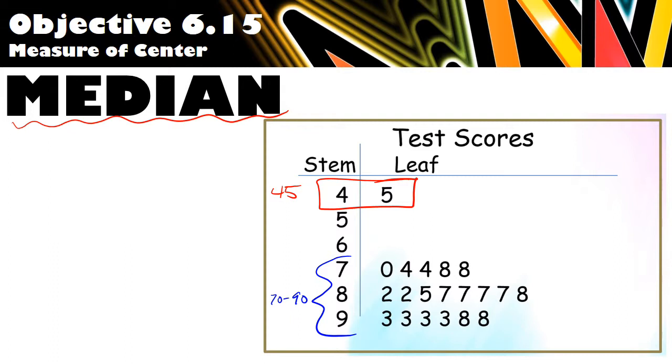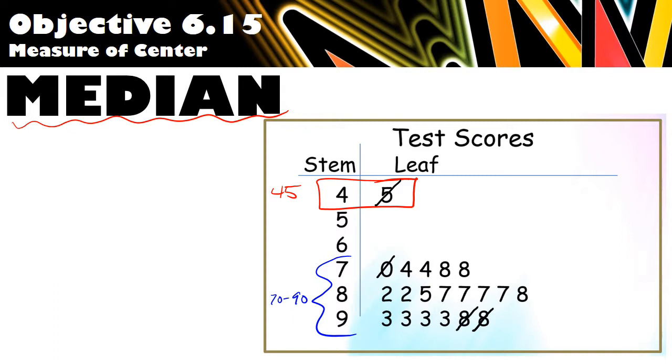Using our stem and leaf plot, we're going to figure out which one is our median number. We're going to cross out numbers as we go along. We start with our lowest value, which is 45, and cross it out with our highest value, which is 98. Then our next lowest is 70, and our next highest is 98.